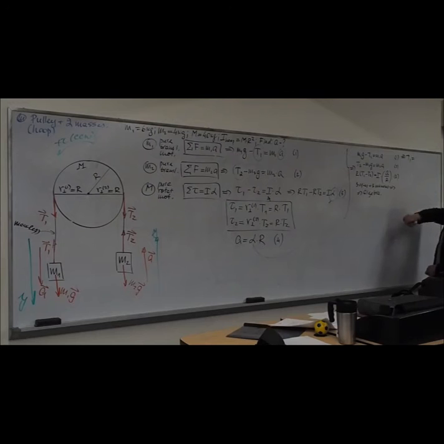T1 will be equal, this goes to that side, M1G minus A. From the second equation, I will get T2. I'm just eliminating variables. T sub 2 equals, it stays here, this term goes to this side, and I will factor out M2, A plus G.